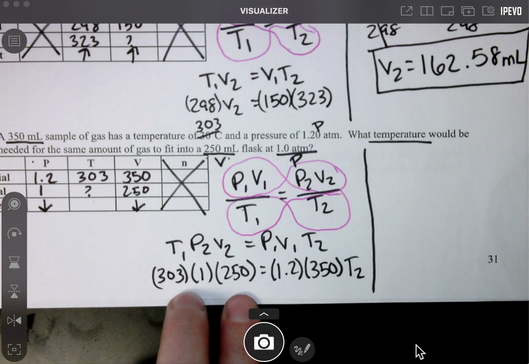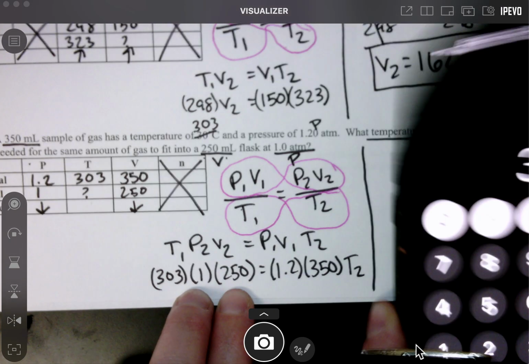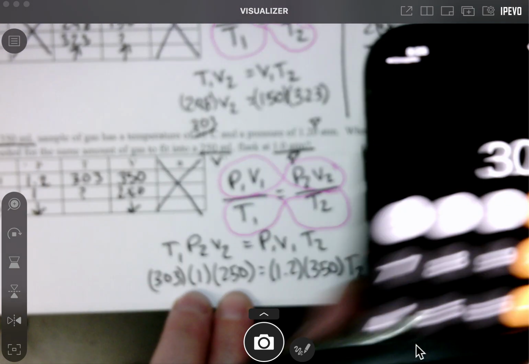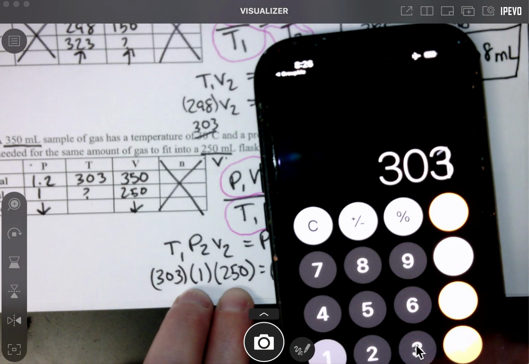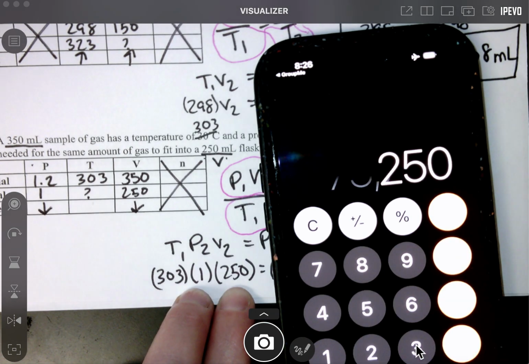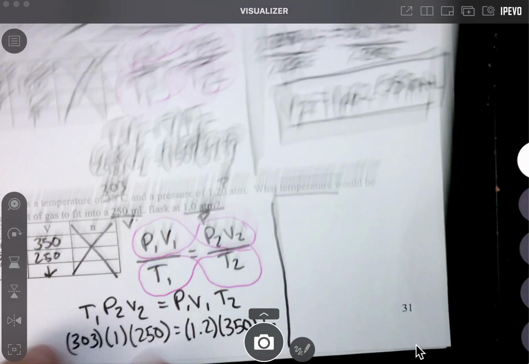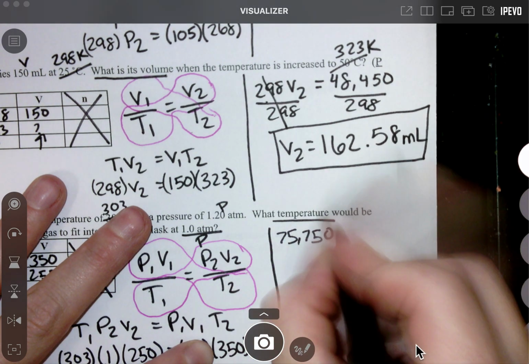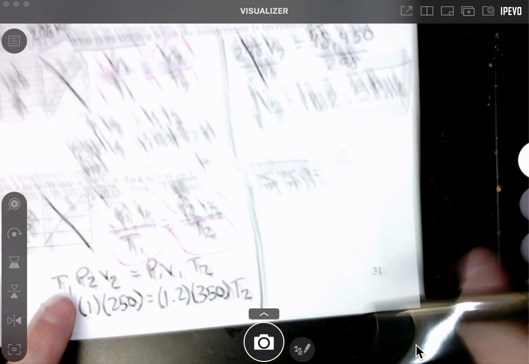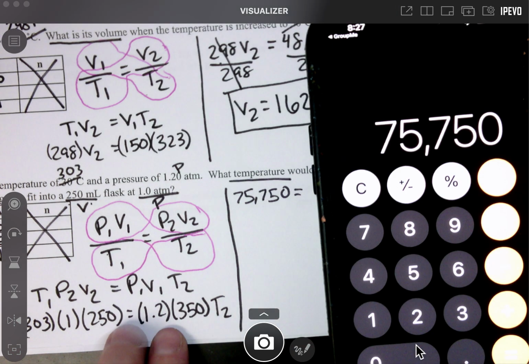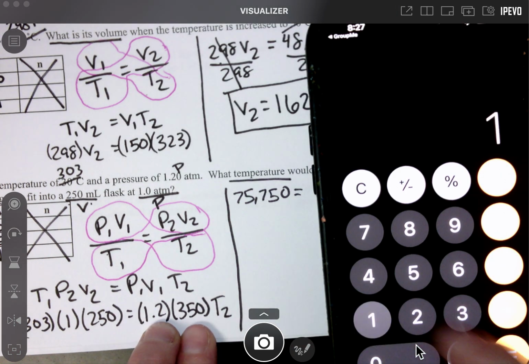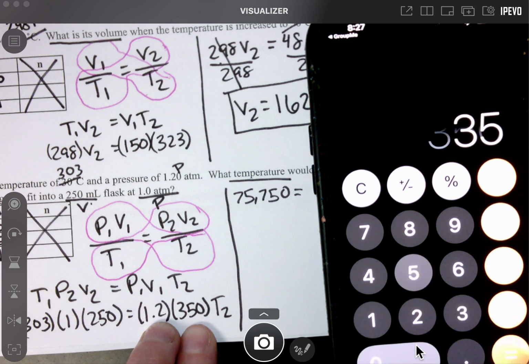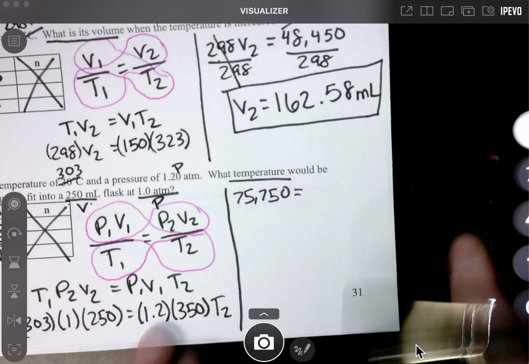So I am first going to solve the left side. So 303 times 1 times 250, and we get 75,750. So 75,750 is equal to, and then for this side, we're going to do 1.2 times 350, and we get 420.